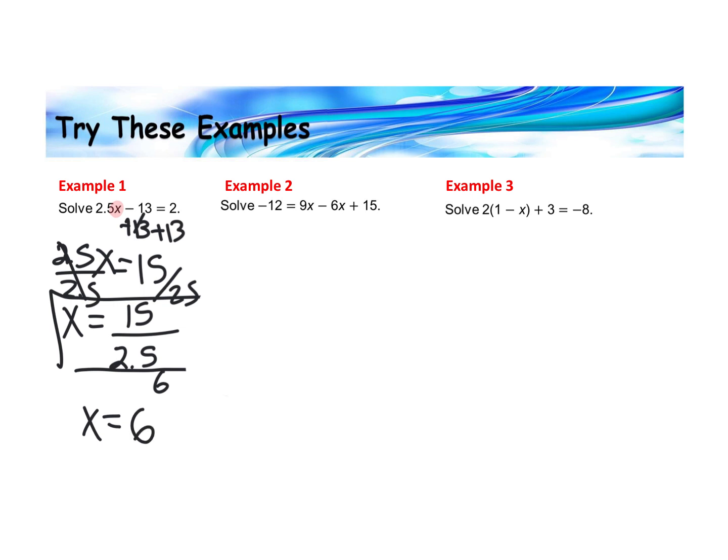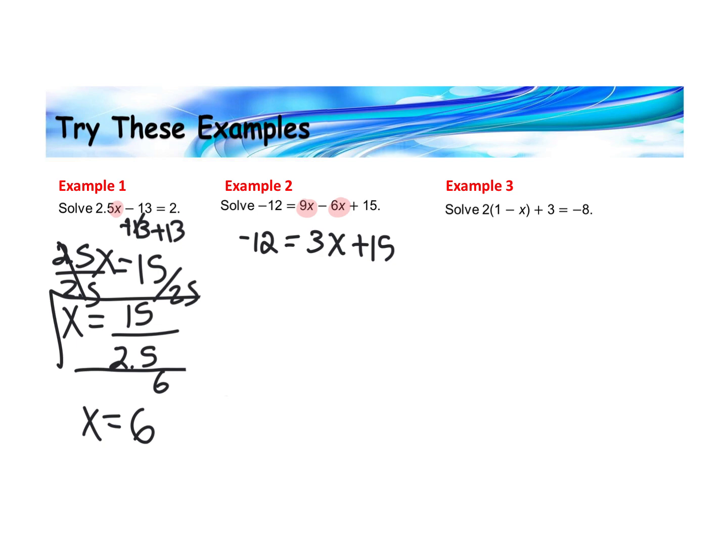Now let's do the second one. The first thing I noticed, can I combine something? There's 2 x's. So yes, I can combine them. They're actually on the same side already. Makes it easier. Negative 12 equals 9x minus 6x, which is 3x plus 15.